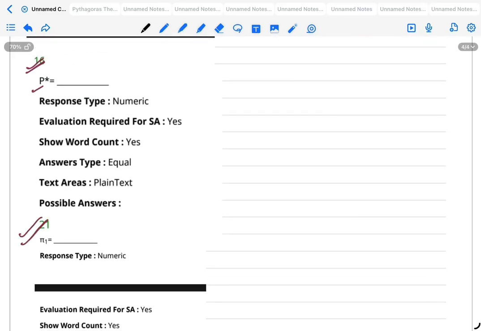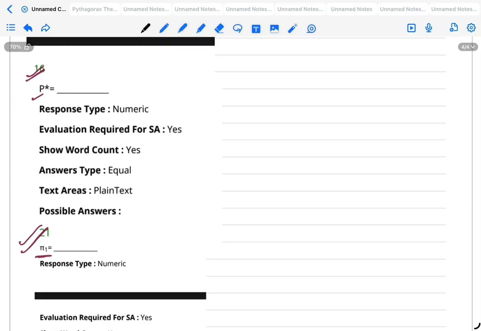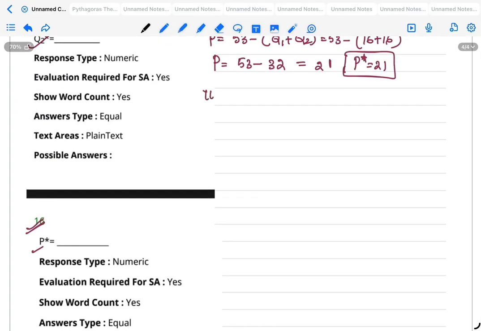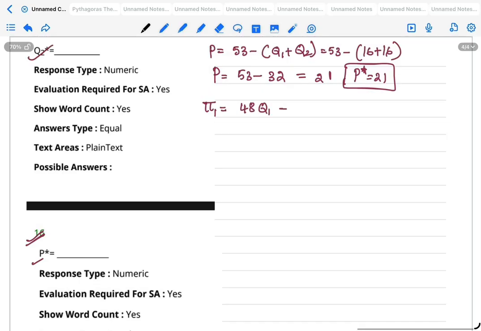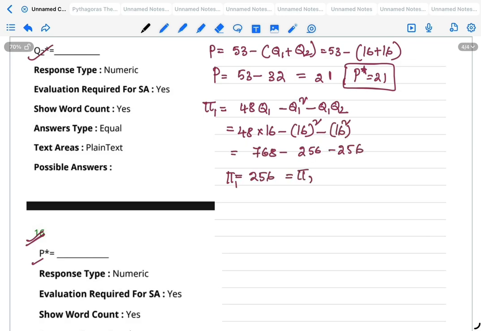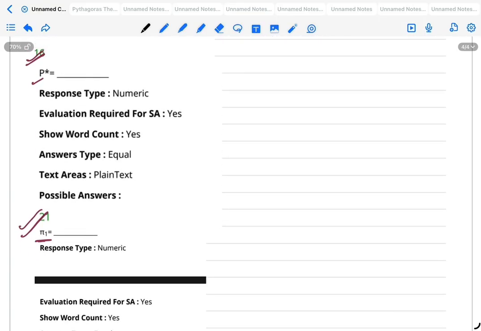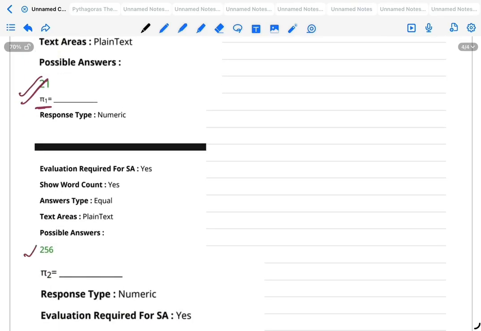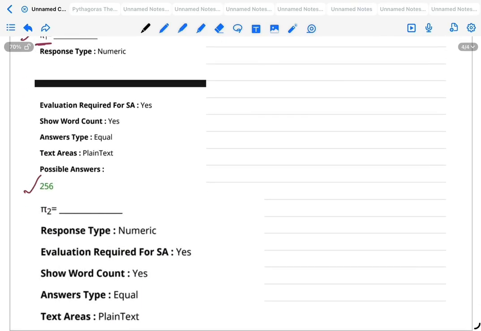And they are asking pi 1, that is the profit for the firm 1. So pi 1 equals 48 Q1 minus Q1 square minus Q1 Q2, that equals 48 times 16 minus 16 square minus Q1 Q2, both are the same, 16 square. Pi 1 and pi 2 both are same. So pi 1 is 256, correct, and pi 2 is also the same value, 256.